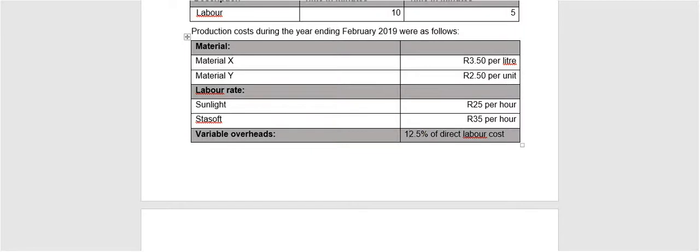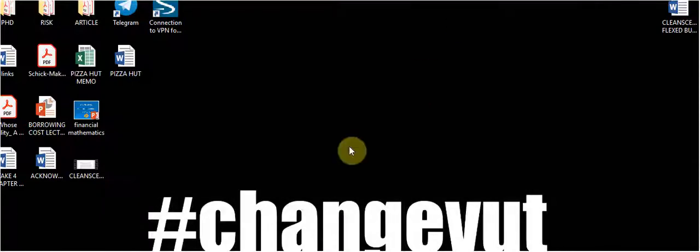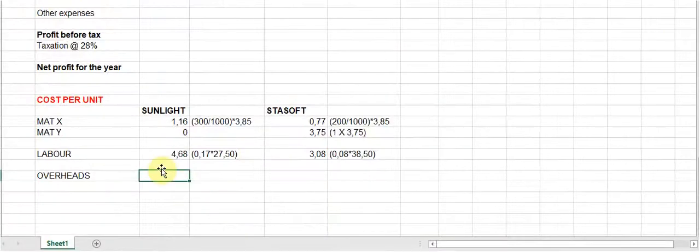So if we go back to our direct labor, we're going to say it is then 4.68 times the 12.5%. And in this instance, it's going to be 3.08 times by 12.5%.